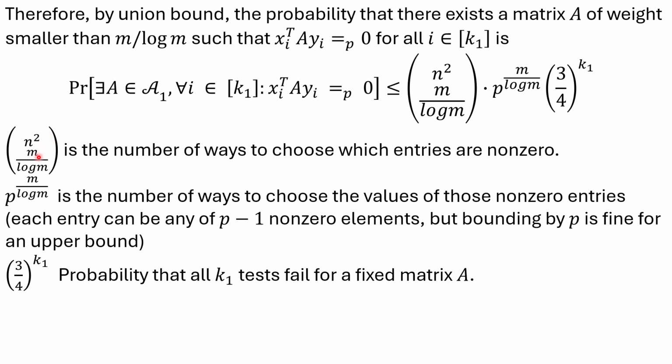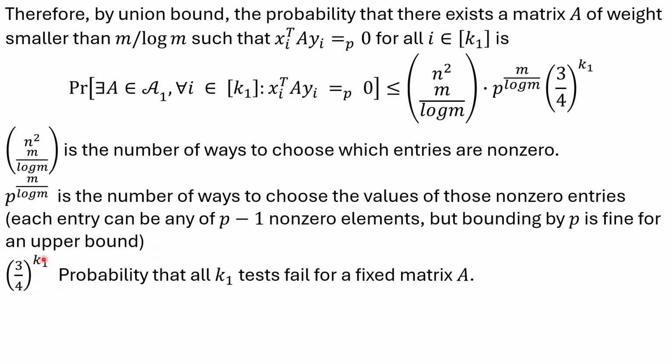M log m choose m divided by log m, choose n squared, is the number of ways to choose which entries are non-zero, because we know A has at most m divided by log m non-zero entries. P to the power of m divided by log m is the number of ways to choose the values of these non-zero entries, because each non-zero entry has p minus 1 options, and it's bounded by p.